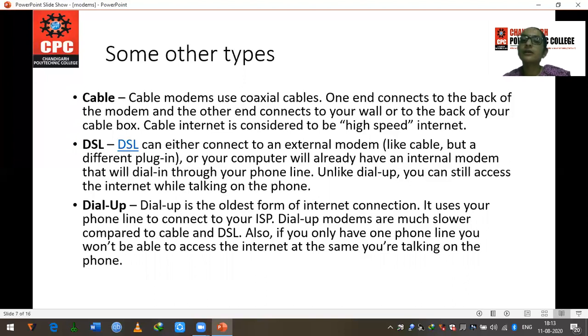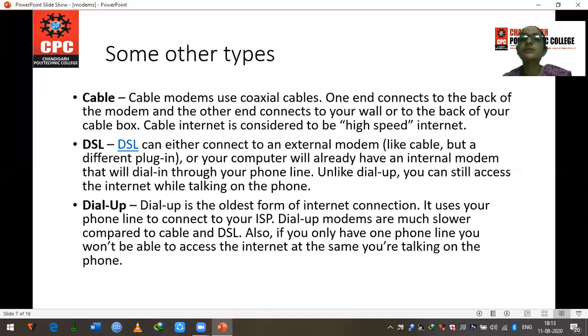DSL can either connect to an external modem like cable, but the plug-in will be a different one, or your computer will already have an internal modem that will dial in through your phone line. Unlike dial-up, you can still access the internet while talking on the phone.